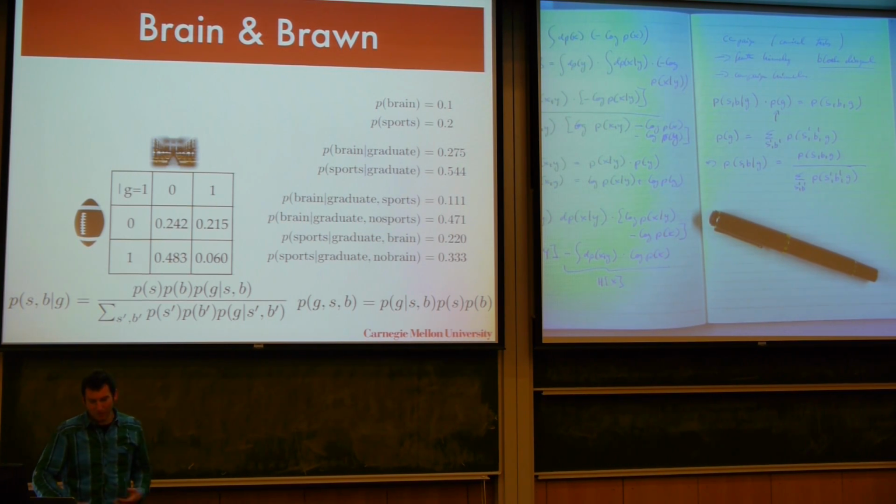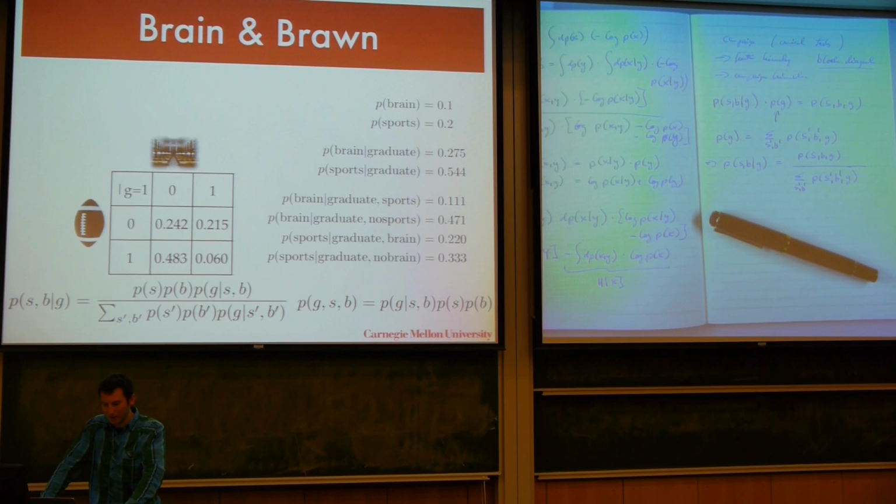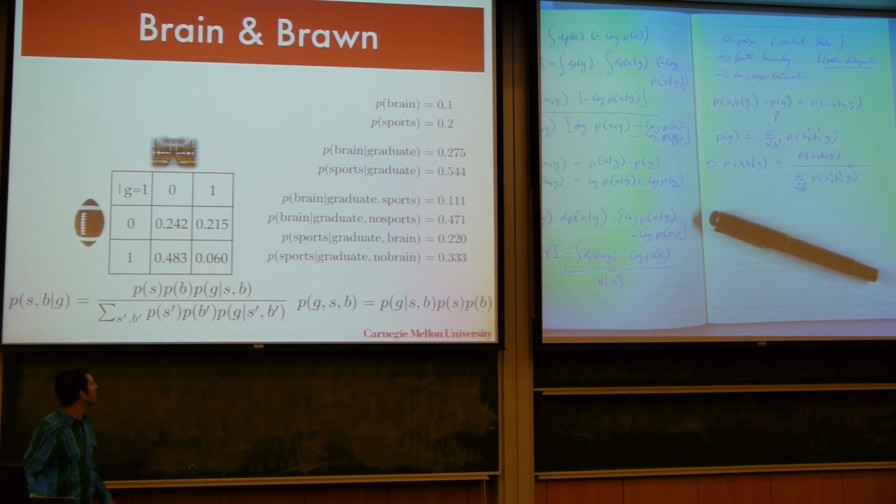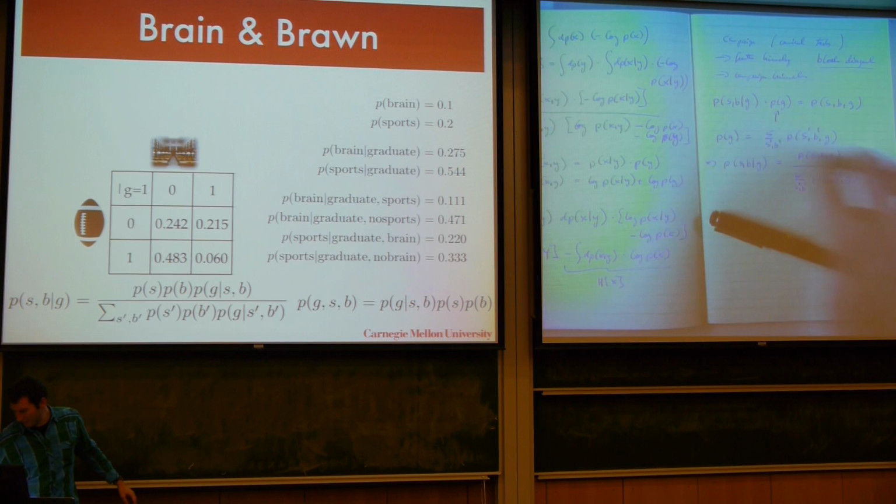Now I can ask further questions, such as, I condition on 2 variables rather than just 1. So I could condition on graduate and sports, and I want to ask what is P brain? And so what do I have to do? I have to look at the lower row, right? That's basically P of sports and brain, so I just apply that same reasoning again.